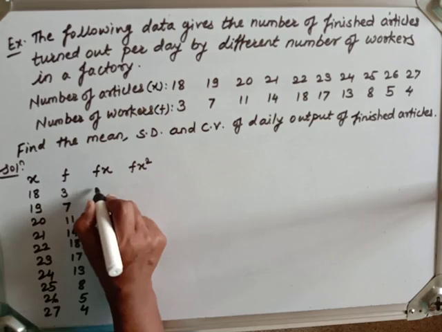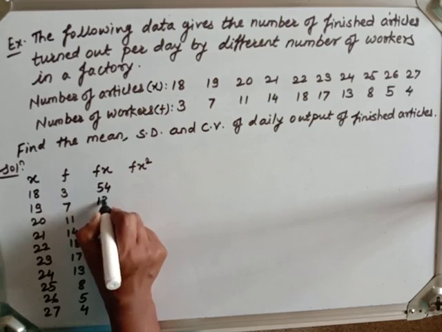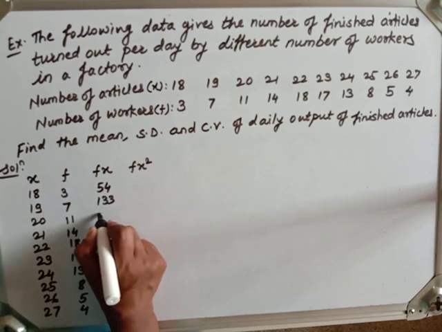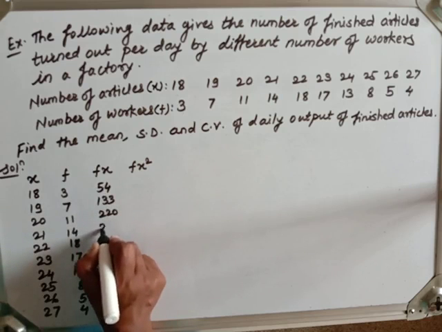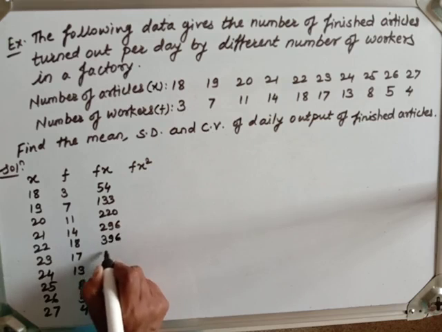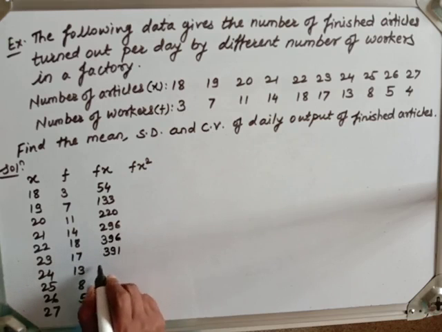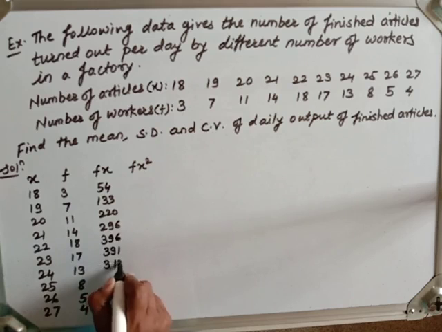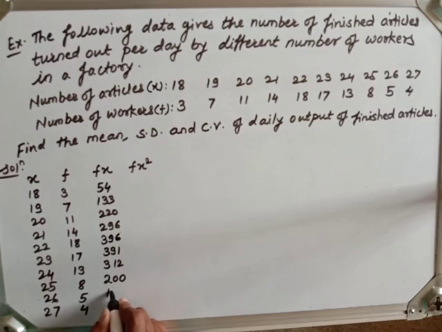f into x: it will be 54, this is 133, 220, 296, 396, 391, 312, 200, 130 and 108.